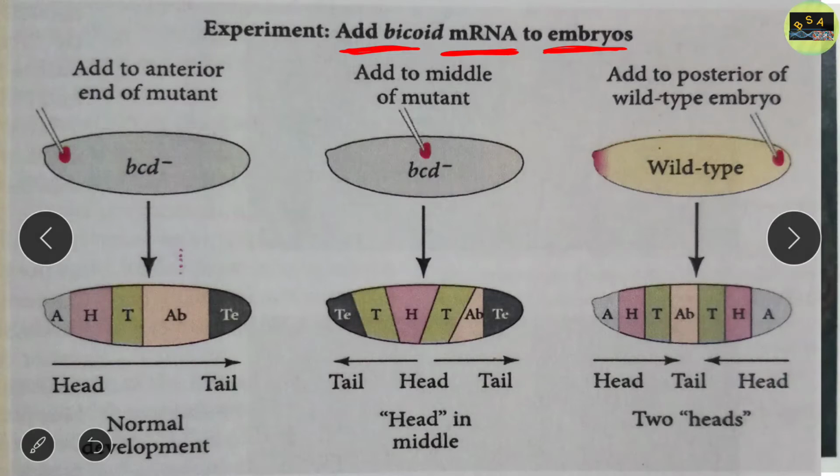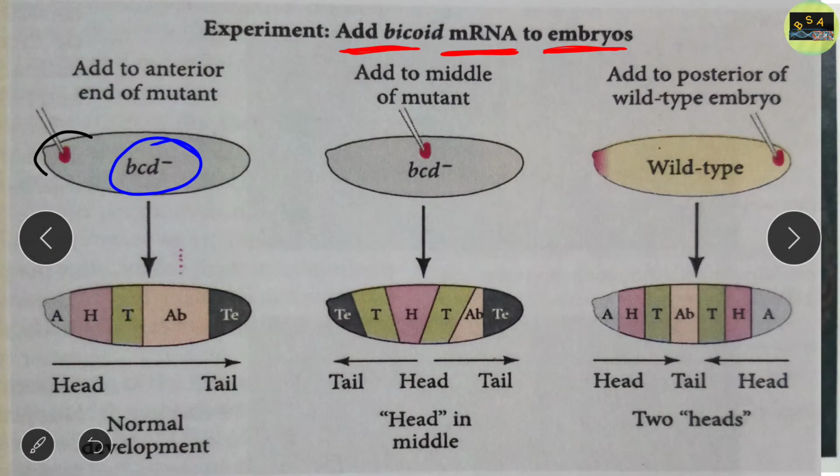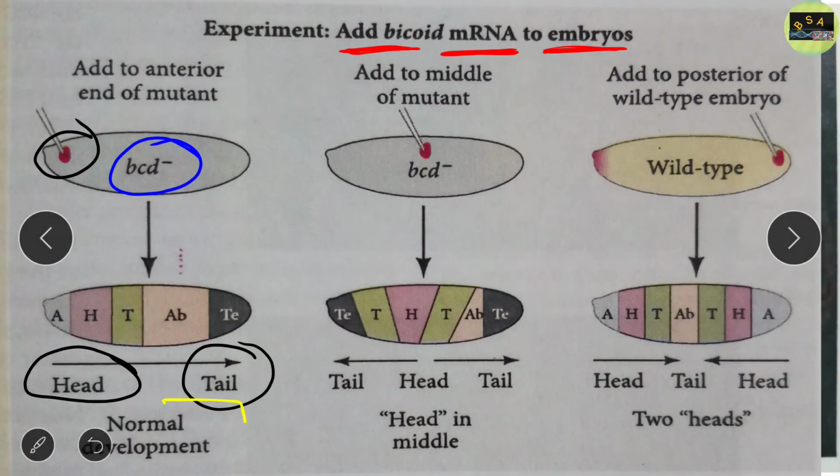This is a bicoid deficient embryo, as you can see. Now we add bicoid mRNA in the anterior part of the bicoid deficient embryo. Then head will generate in the anterior part and tail will generate as it is. So the development will become normal. Clear?